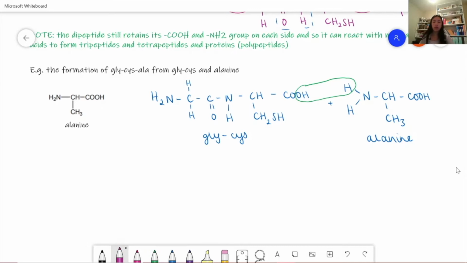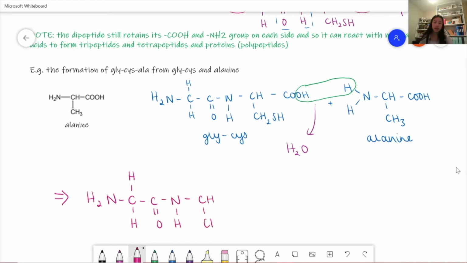And so what we form, so this water comes out, and then what we form is H2N, CH2, C double bond O, N, H, CH, CH2, SH, and then now we have C double bond O, and then NH, and then CH, CH3, and then COOH.